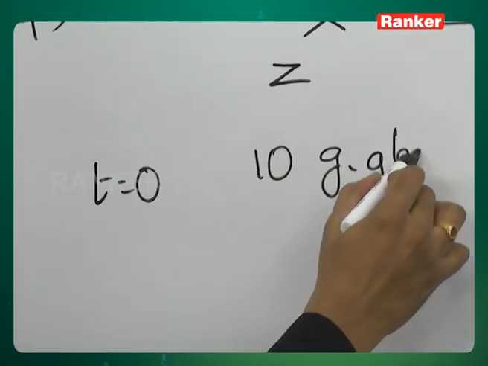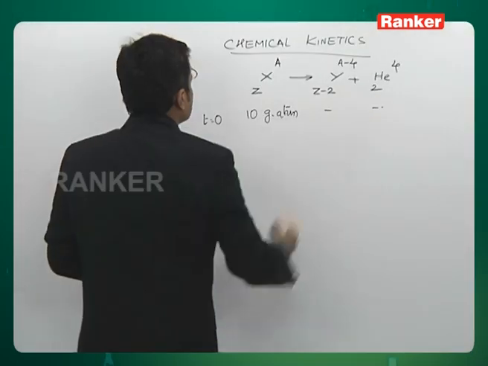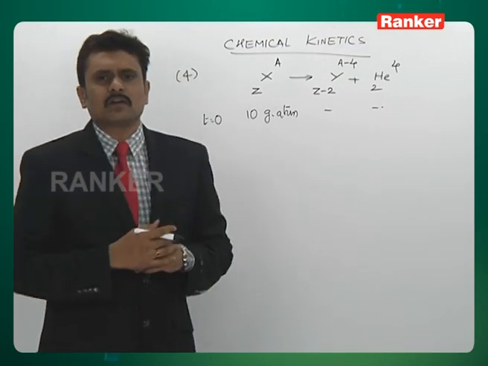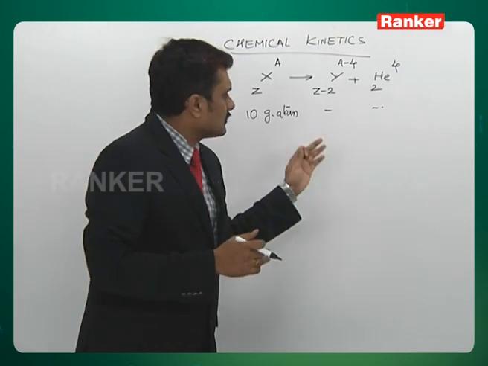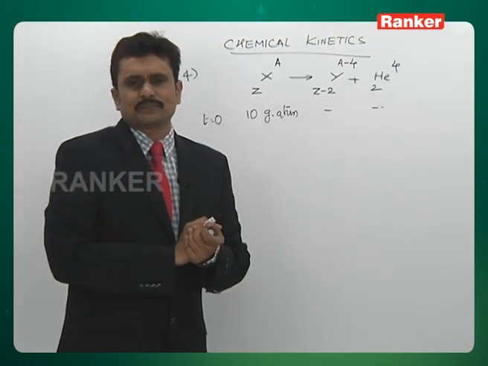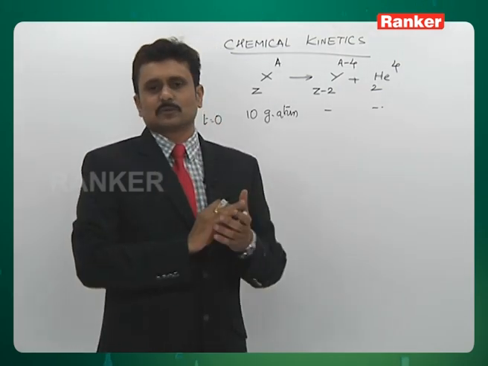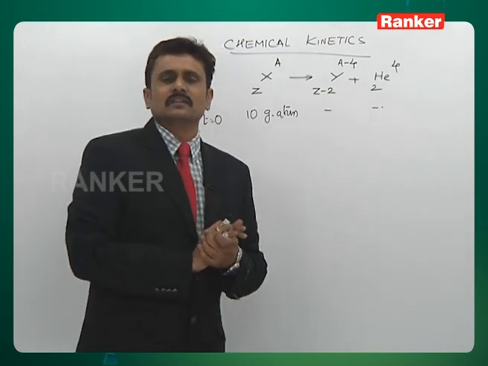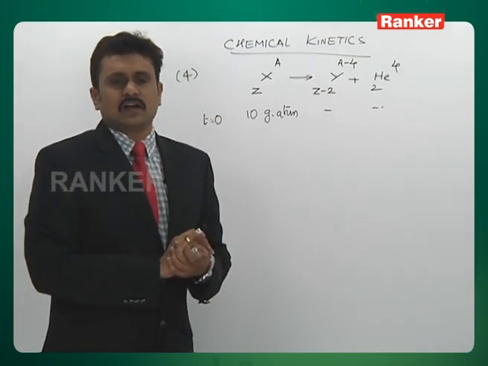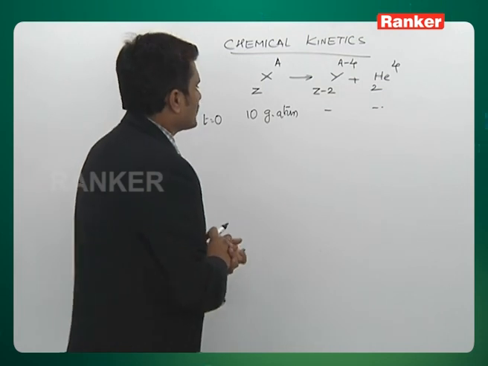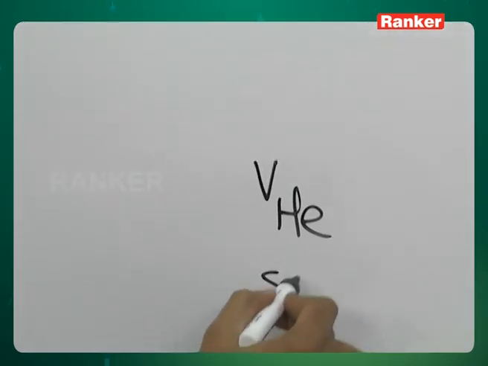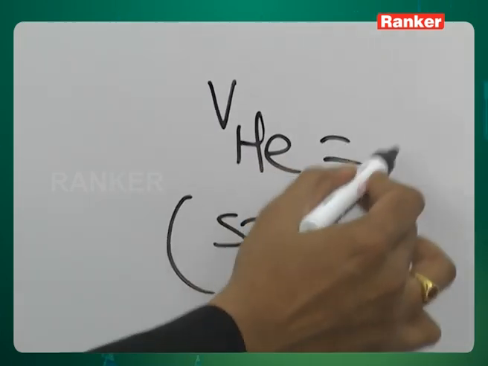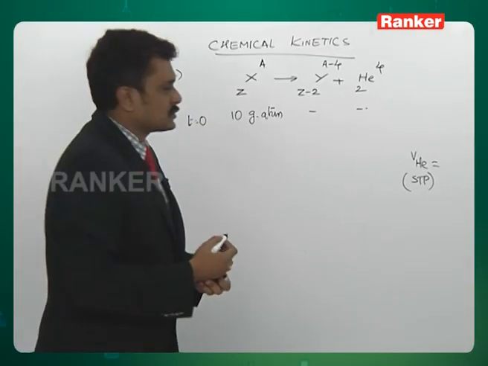radioactive isotope initially, and after t seconds or after 1 hour you have been asked to find the half-life period of this particular isotope when you are given the volume of the helium gas which is collected after 1 hour. Now it is clearly mentioned that the volume of helium gas collected at STP is 11.2 liter.